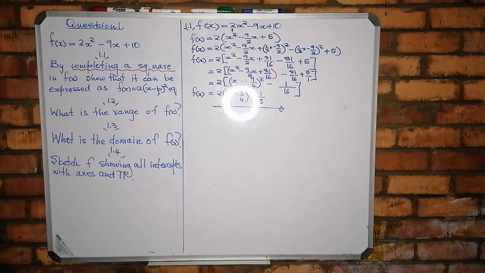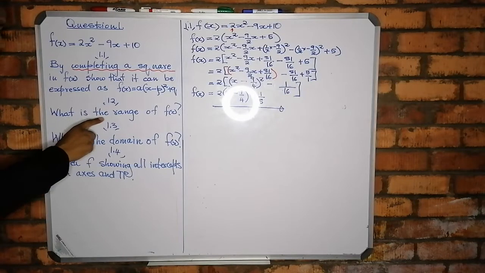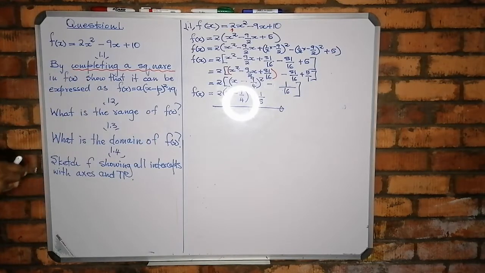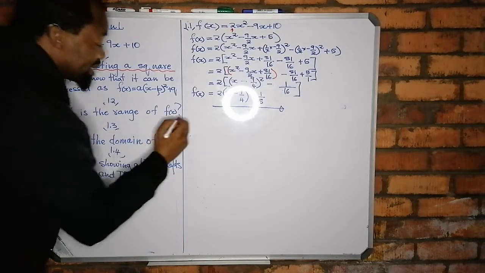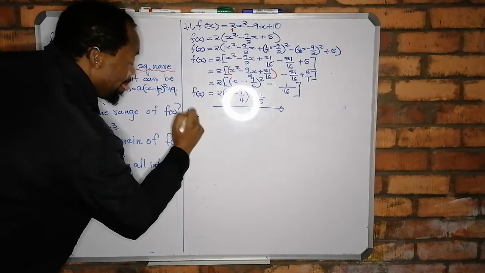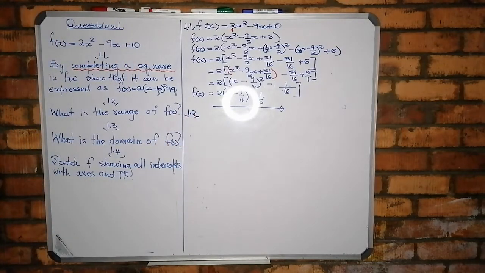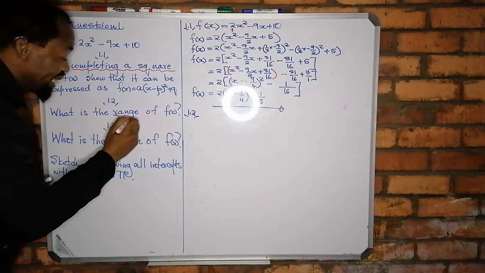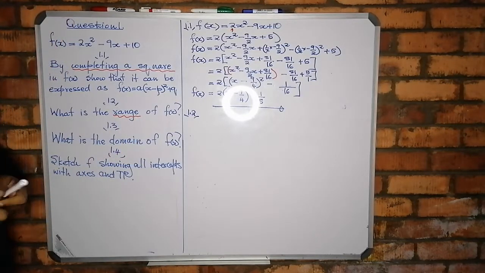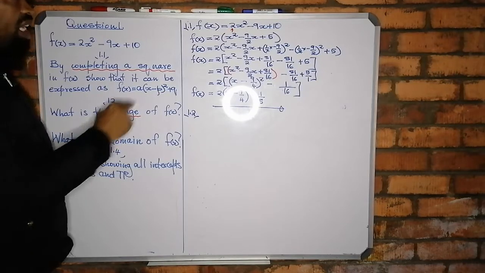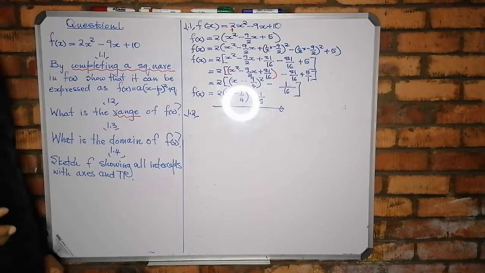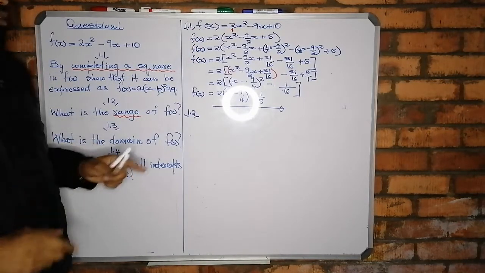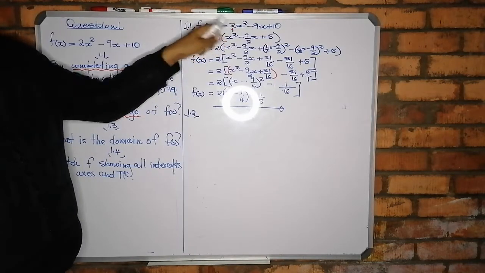Now, what is the next question? Our next question here was, what is the range of f of x? I'm going to answer that. Before I answer that, I want to explain the word range. The word range in your function means all the y values of your function.